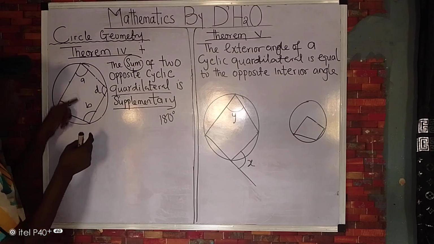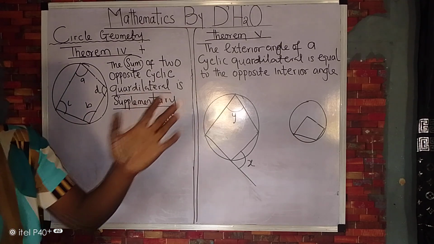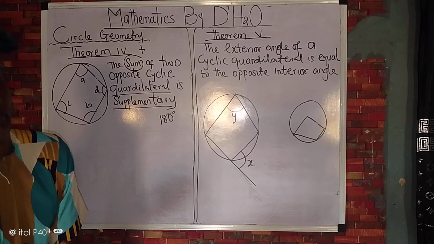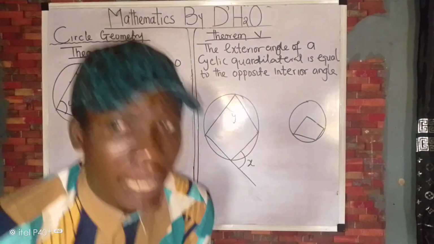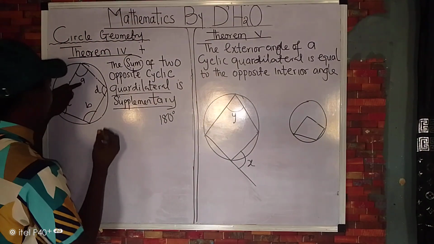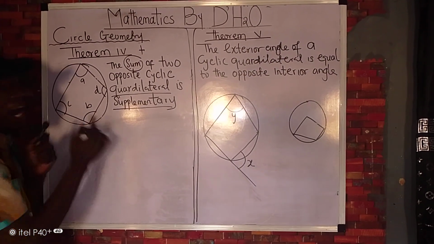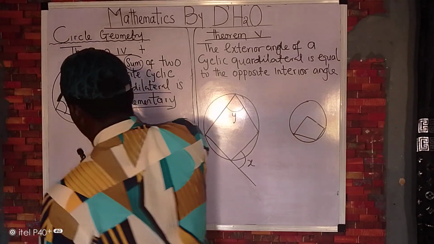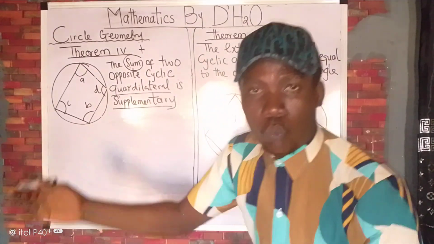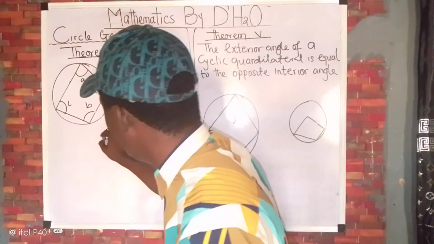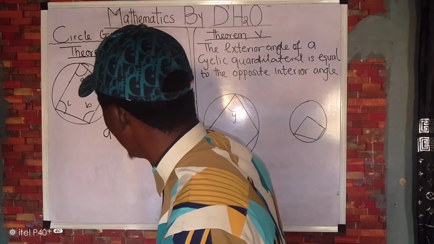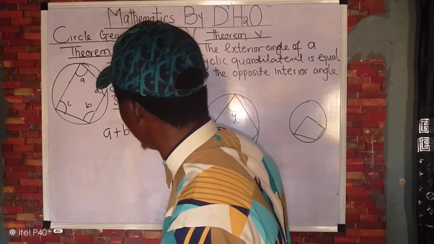Okay, now because they are opposite, they said the sum of two opposite angles of a cyclic quadrilateral is supplementary. That means it's 180. That is to say, we can say that this A and B are opposites. If A and B are opposite to each other, we can add them. So we can say that A plus B is equal to 180 degrees.